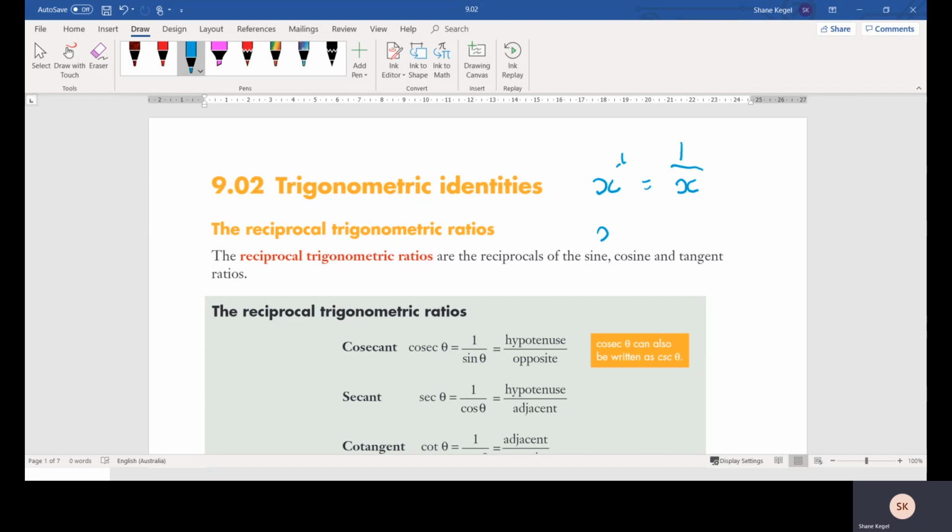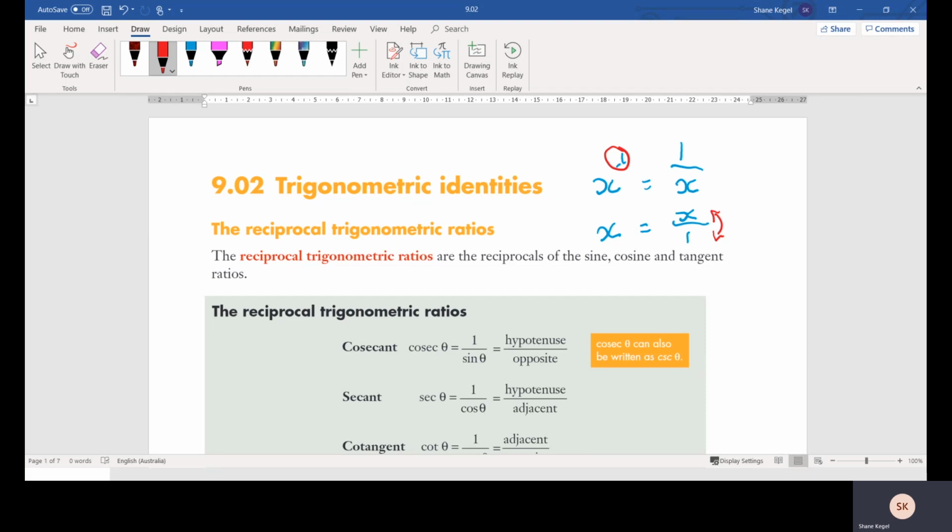So x on its own as a fraction is x on 1. When we raise to the power of a negative, we find the reciprocal. We're essentially just swapping our fractions around. So 1 and x swap, and x becomes the denominator rather than the numerator.